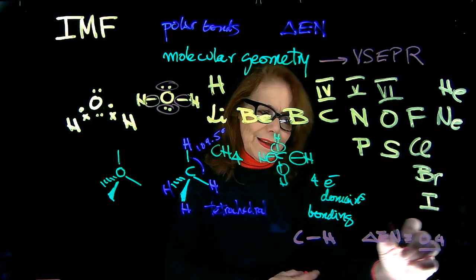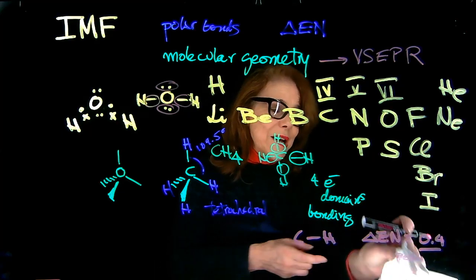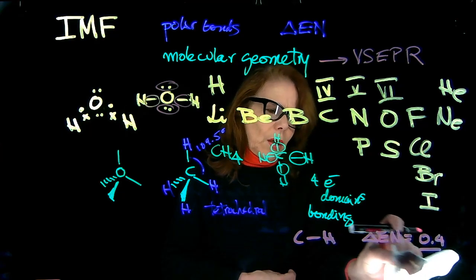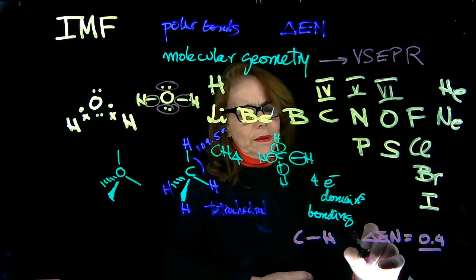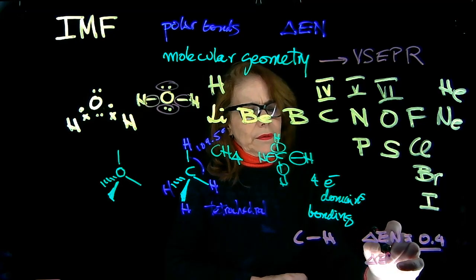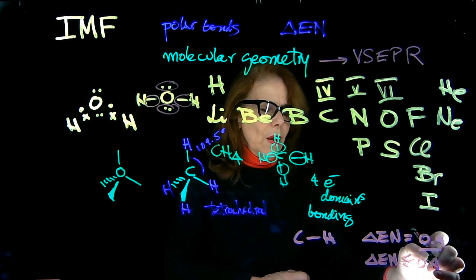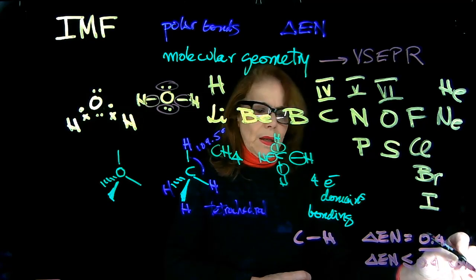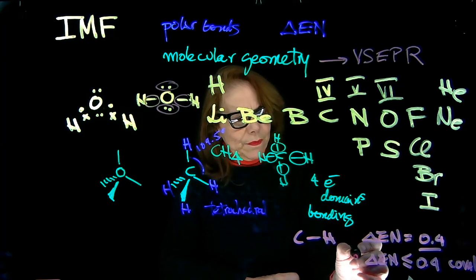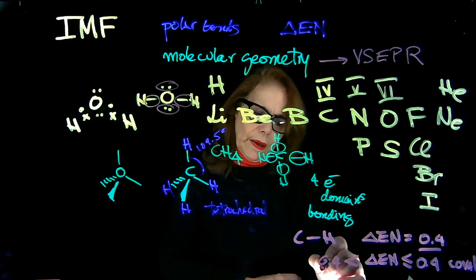So we're going to say this is simply a covalent bond, not polar. That's my threshold. Any difference in electronegativity that is smaller or equal to 0.4, we're going to classify as a covalent bond simply, so it's not polar. And if it is greater than 0.4, then we're going to say it is polar covalent.